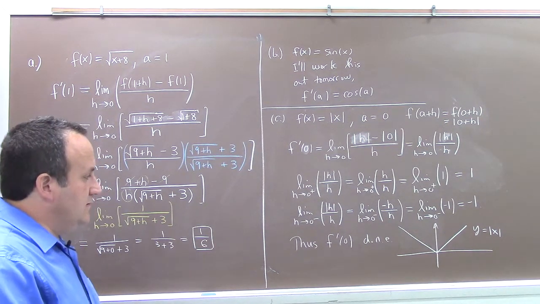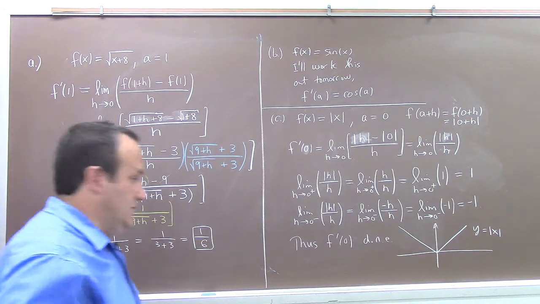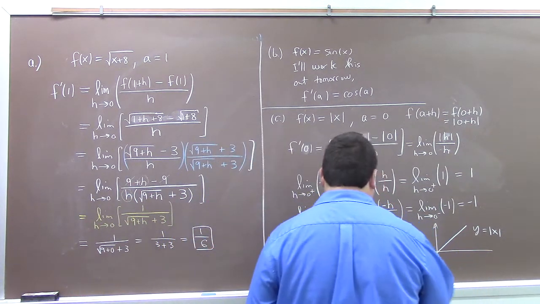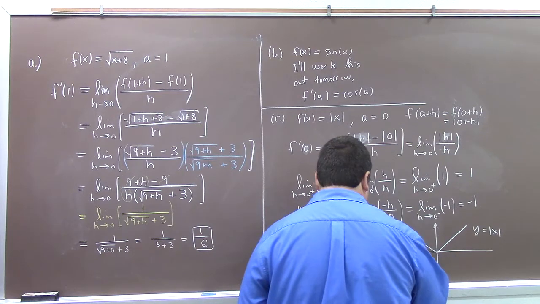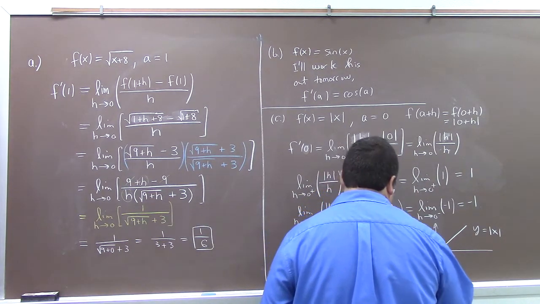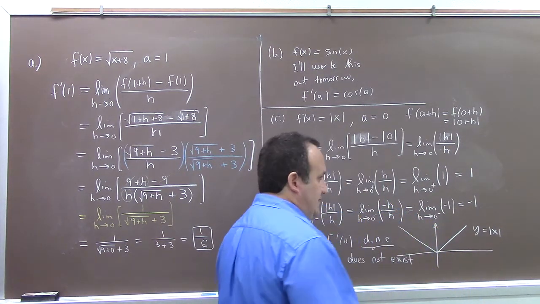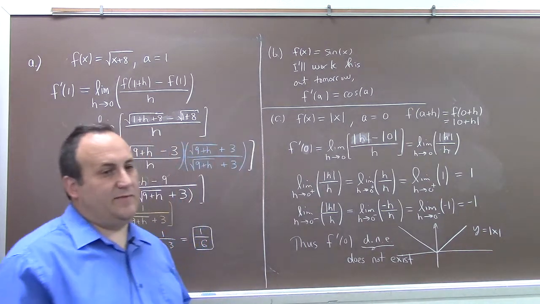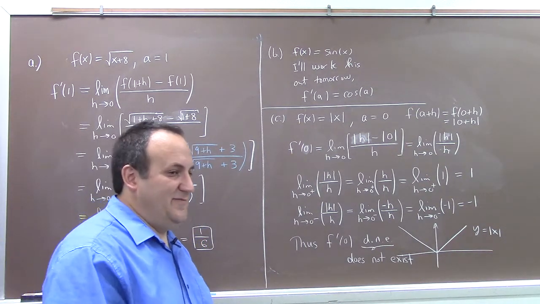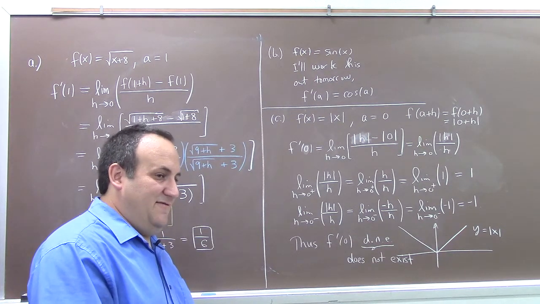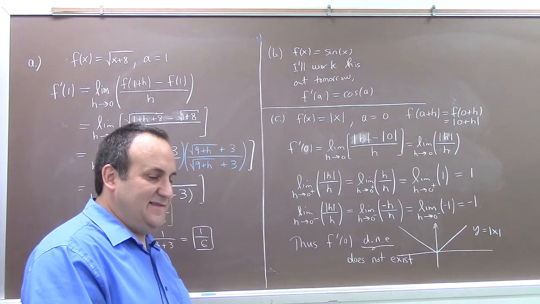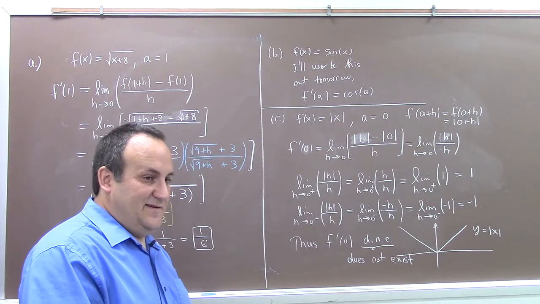Does not exist. And whenever we write does not exist, it's almost always does not exist as a real number. I mean, if you want to be a jerk about it, like a philosophy major, you'd say, well, we're having a conversation about this thing, so it exists in some sense.